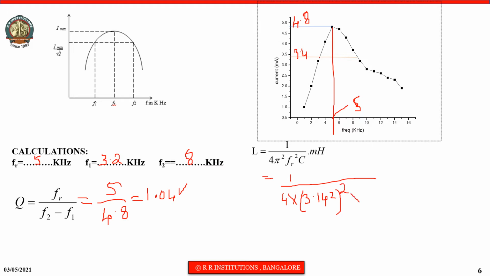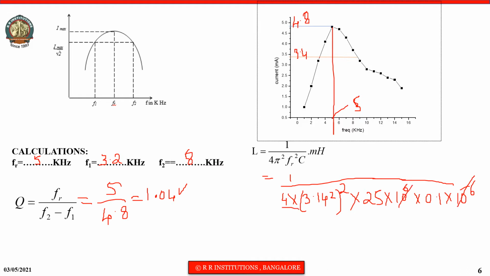Fr we have seen is 5 kilohertz, so 5 square is 25, and kilo square is 10 to the power 6. The capacitance value we have used is 0.1 microfarad, micro meaning 10 to the power -6, so -6 plus 6 gets cancelled.